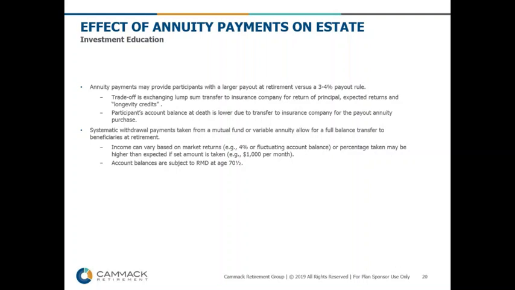Systematic withdrawal payments, which you can do from mutual funds and variable annuities, are going to have the full balance go to the beneficiaries. And the income can vary based on market returns, or the percentage taken out might be too high. So that's something that you have to watch. And then at age 70 and a half, you have to start taking money out of the accounts.